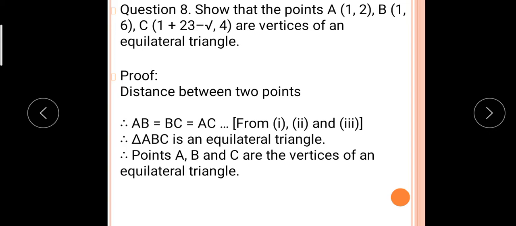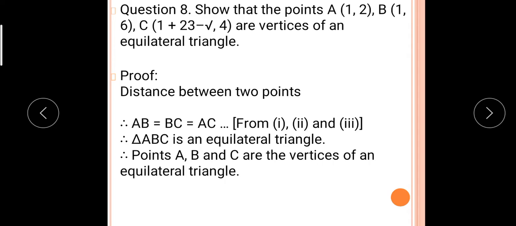Now the next question is: show that the points A (1, 2), B (1, 6), C (1 plus root 23, 4) are the vertices of an equilateral triangle. Sorry, minus 6 is not there, only 6. There is a typing mistake, it is not the actual value; it is 1 plus root 23 comma 4.